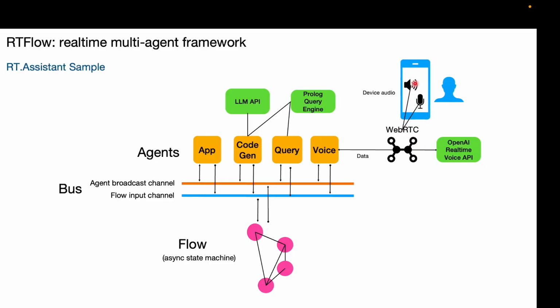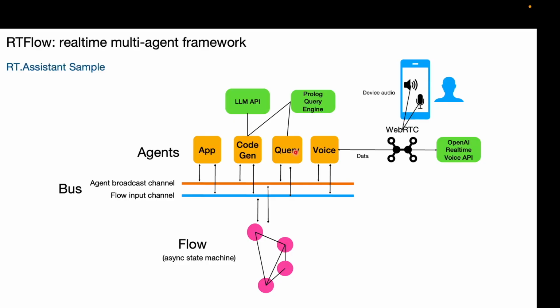So the audio is flowing directly from the device components to the OpenAI real-time API model. But the data from that connection is going to the voice agent. And in fact, there is a steady flow of messages coming from the OpenAI real-time API that the voice agent needs to handle.